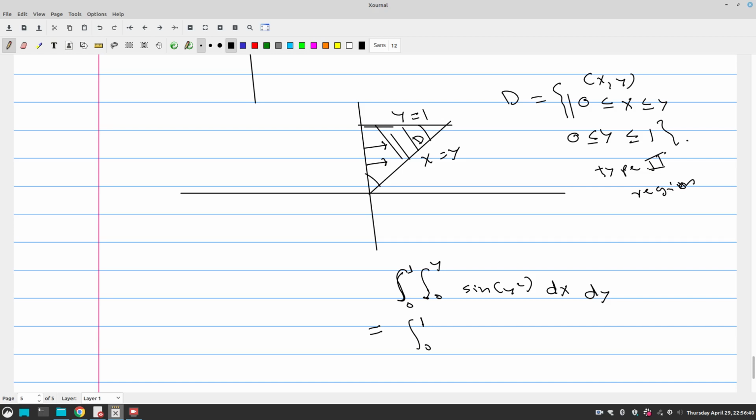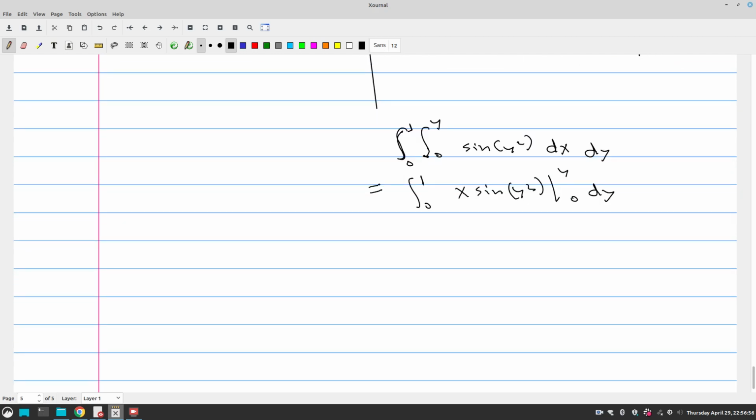And of course this can be written as x sine y squared, since y is a constant when you're integrating with respect to x, from y to 0 dy, and this can be written as integral from 0 to 1 of y sine y squared dy.